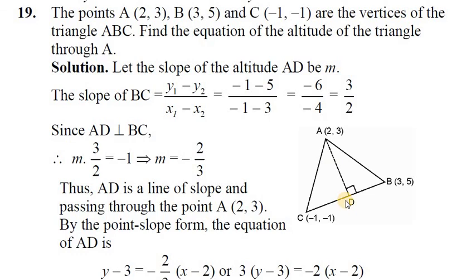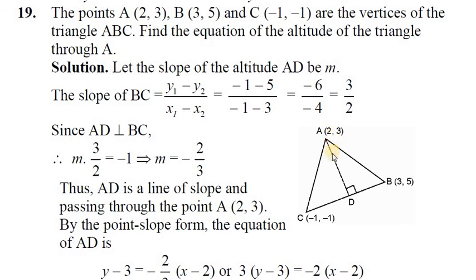As we discussed in the previous examples, we definitely need to use the condition of perpendicularity here. The vertex (2, 3) is given, so we already have one point on this line, that is, this line passes through the point (2, 3).